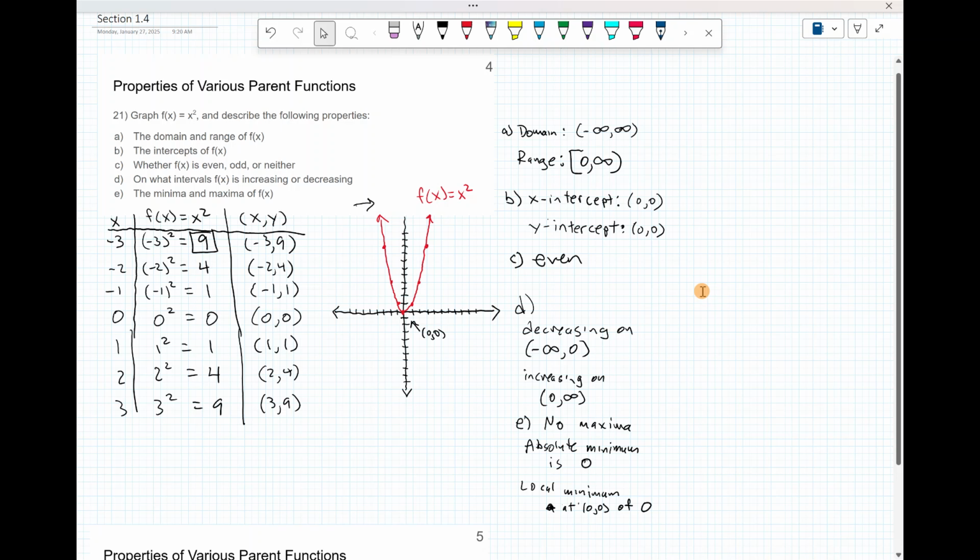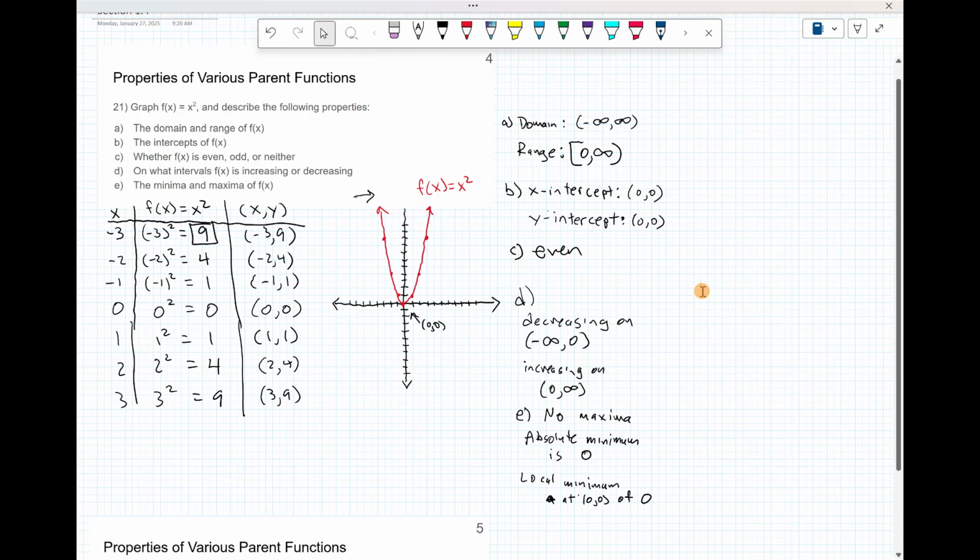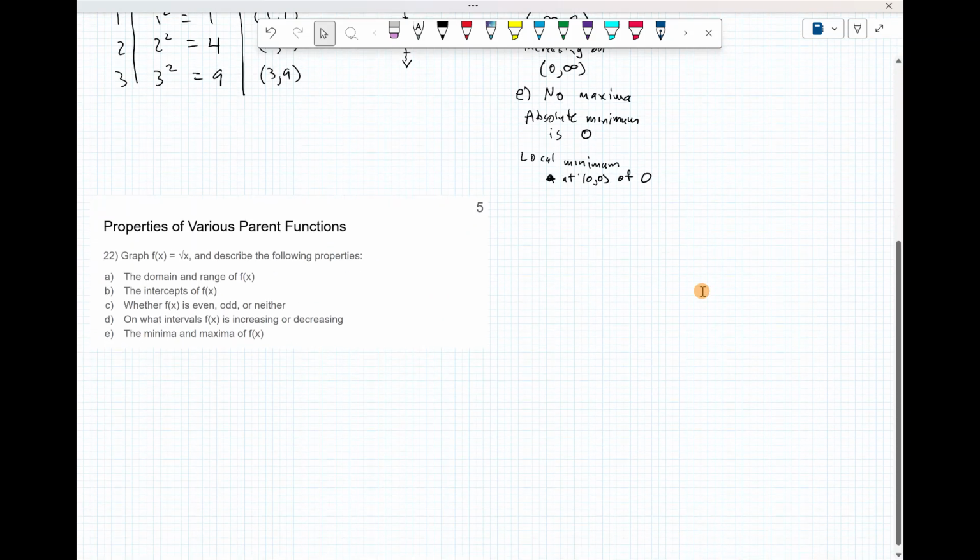And we are going to continue for a number of other functions, graphing those functions, finding their domain and range, their intercepts, deciding whether it's an even or odd function, or perhaps it's neither. Now, on what intervals is that function increasing or decreasing, and what are the minima and maxima of that function?